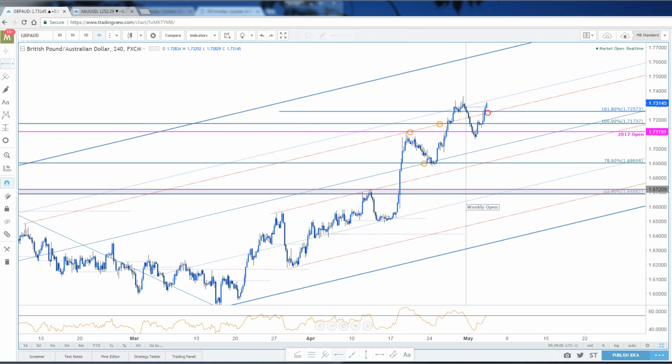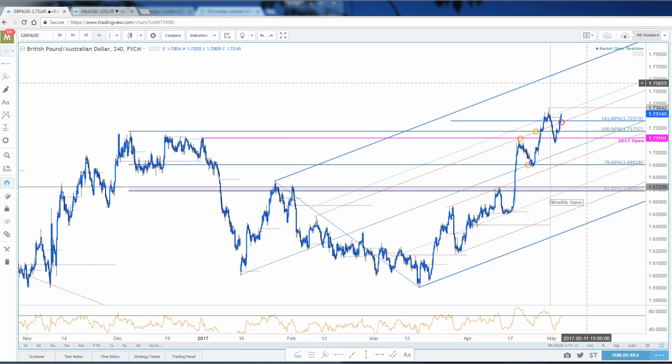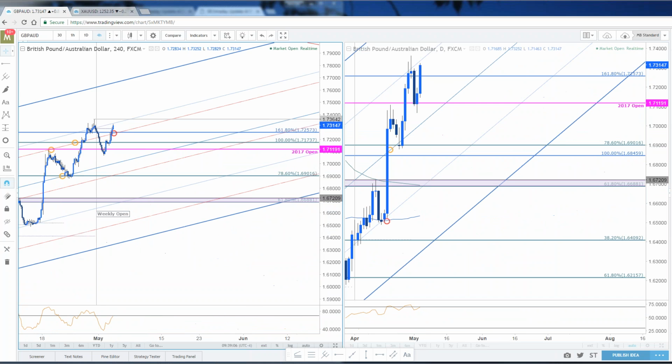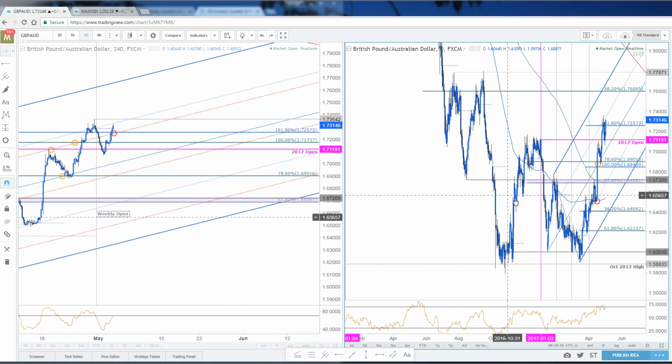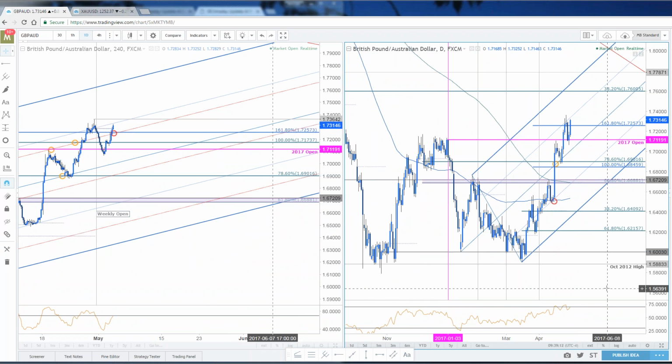Top side, obviously, respect just the high that we made last month, but I don't really have any near-term targets beyond that. Gotta go to the daily chart here to find the next one, and that's not till 176.